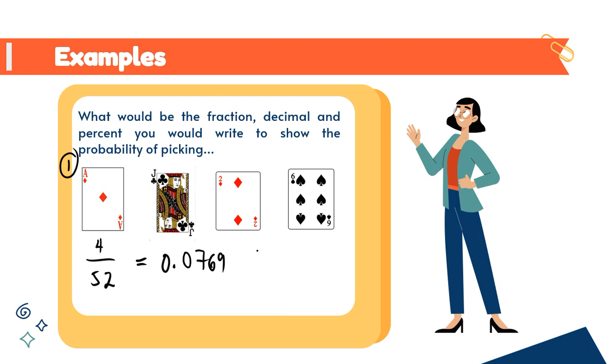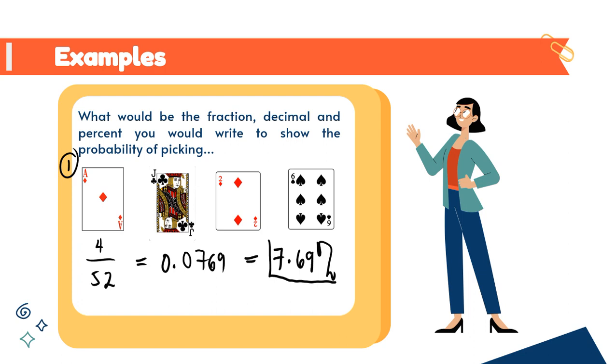So, we have the decimal; convert it into percent, and all you have to do is multiply by 100. The answer for percent is 7.69%. And that is your final answer.